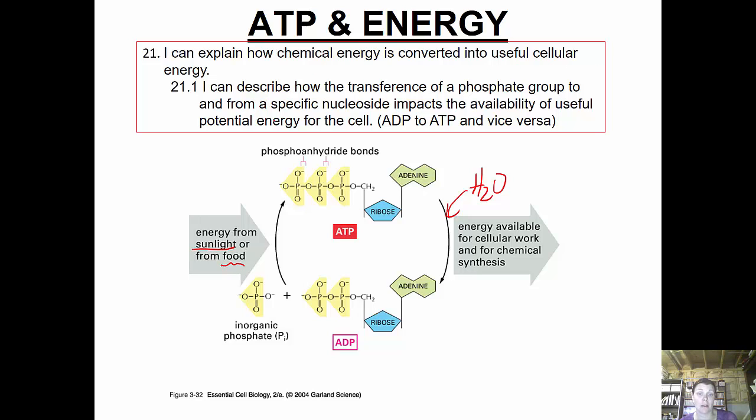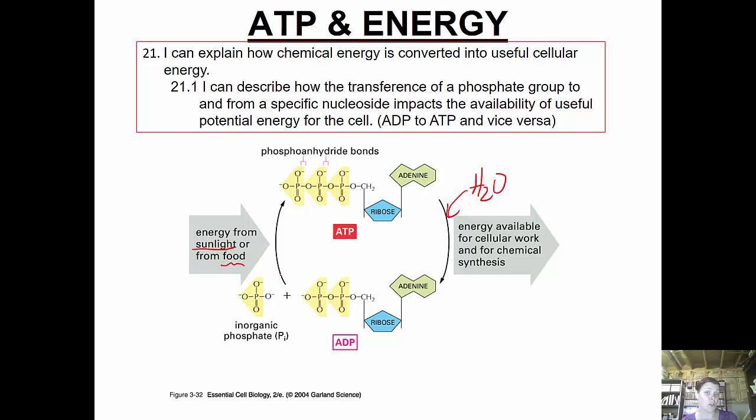Basically saying, I can talk about how I use food as an animal to recharge, to stick this phosphate back on, to have this ATP molecule that can go somewhere else in the cell, give up its bond, break off that third phosphate, and let energy be released.